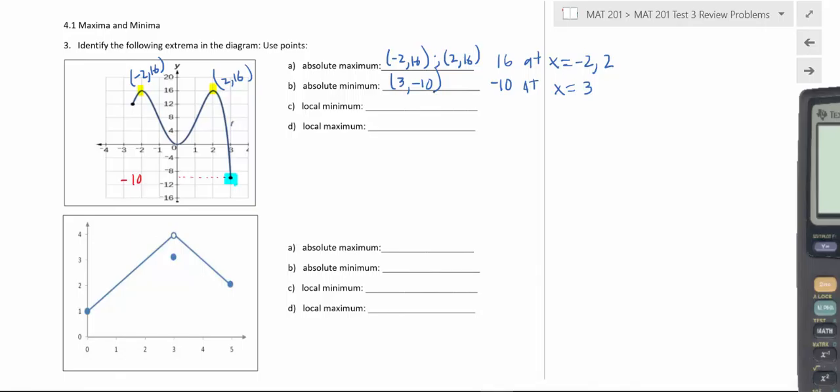Okay, now when you're doing a local minimum, the key thing is this is what's happening. You have to have a definite point and a definite continuity there. So you have to be decreasing, and then the function has to be increasing. So it changes direction. So this happens only in one place, really.